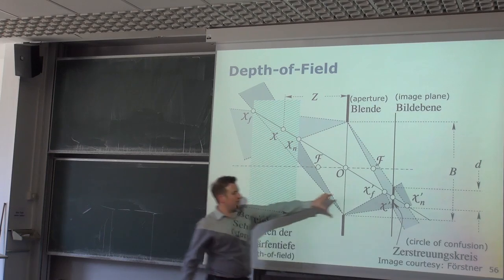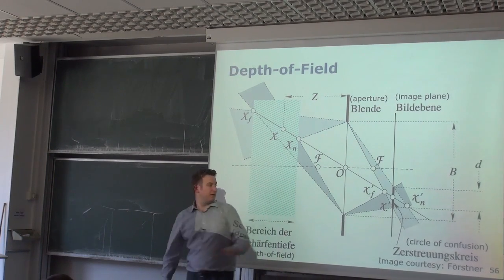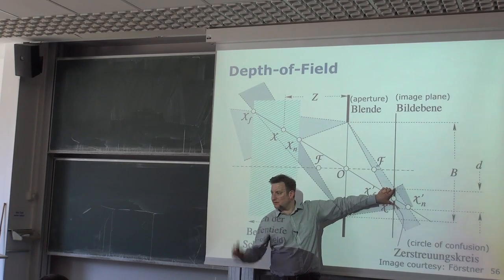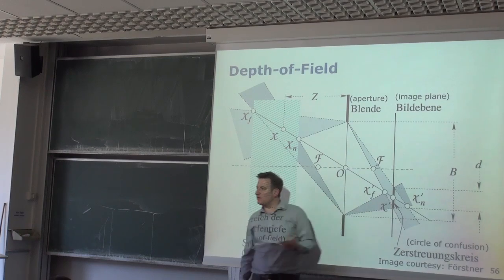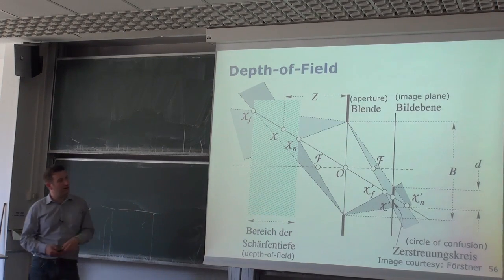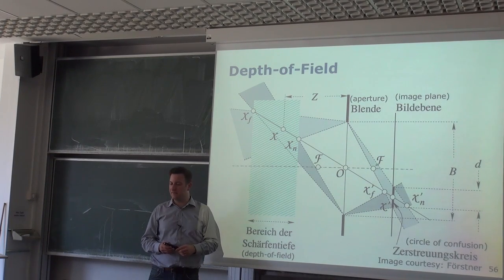And the smaller this gets, the sharper is our image. And at some point, if this one is larger than the resolution of our eye, we say, okay, now it gets blurry. That's the key explanation for the depth of field for cameras.